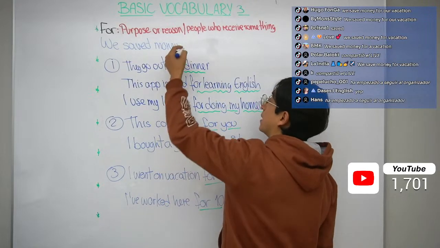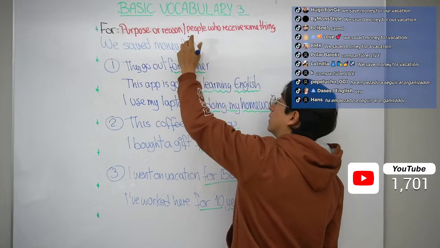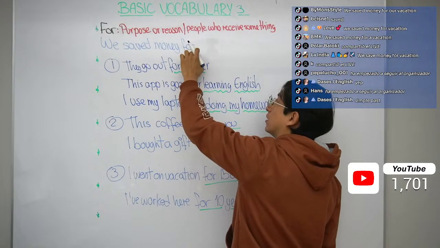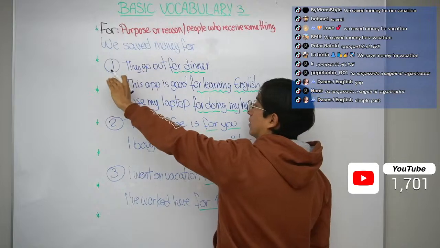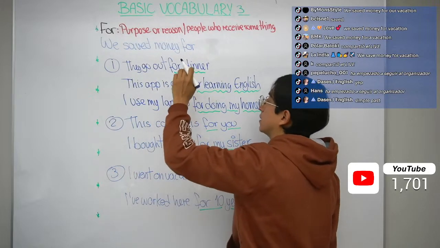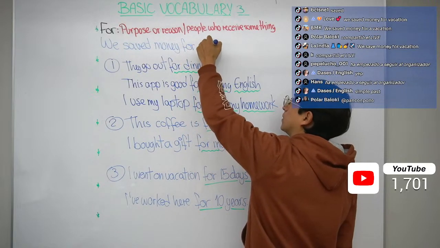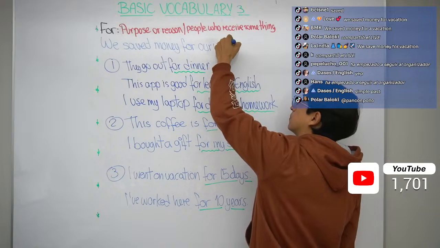We saved money, and now we're using "for" here. Guys, does "for" here have the first, the second, or the third meaning? We saved money for our vacation.